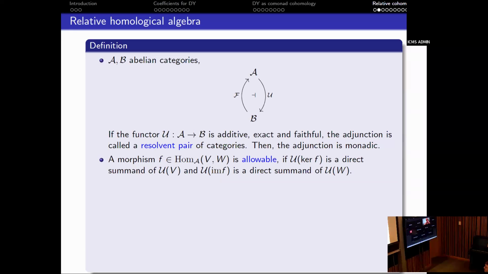What would be the standard example? The first example would be to take Hochschild cohomology for k-algebras, and then you would do it for bimodules and vector spaces with the forgetful functor.